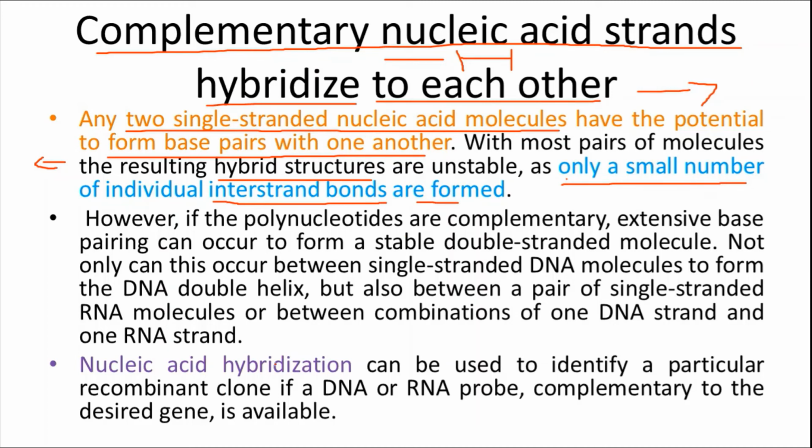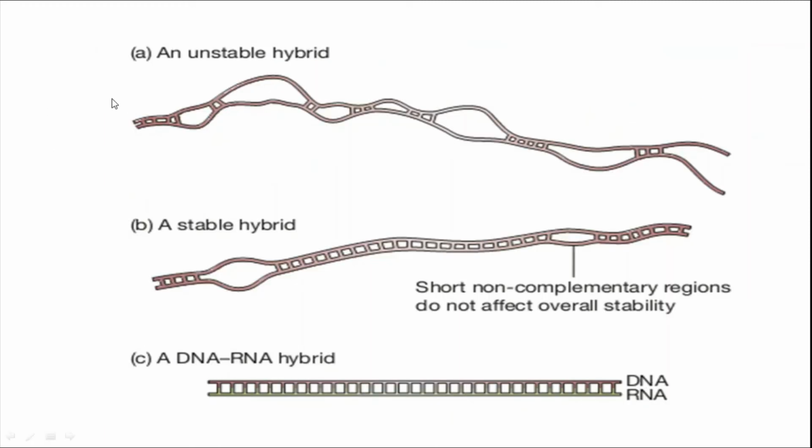If the polynucleotides are complementary, extensive base pairing can occur to form a stable double strand. The hybridization may take place in three forms: less hybridized, medium hybridized, and strong hybridized.